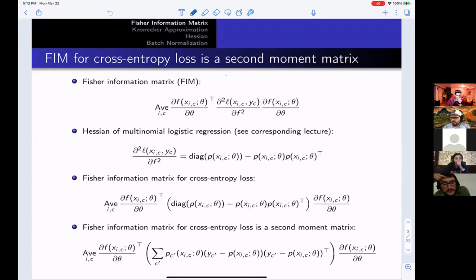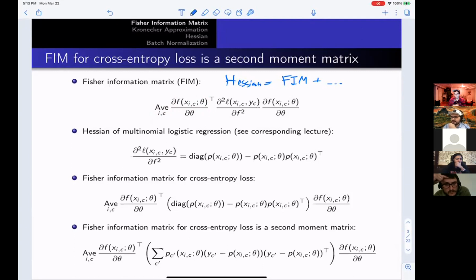If you remember, there was a formula which says the Hessian equals the Fisher information matrix, which I denote by FIM, plus some residual. And we know that the Fisher information matrix is positive semi-definite. Here you can see the definition of the Fisher information matrix. There's an average over the data set. There is a derivative of the logits with respect to the parameters.